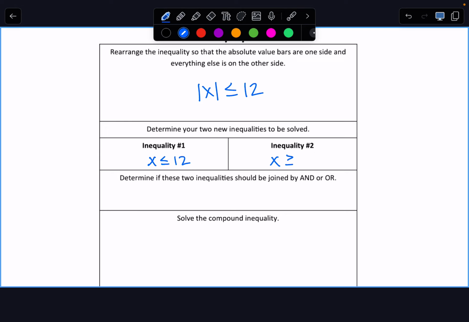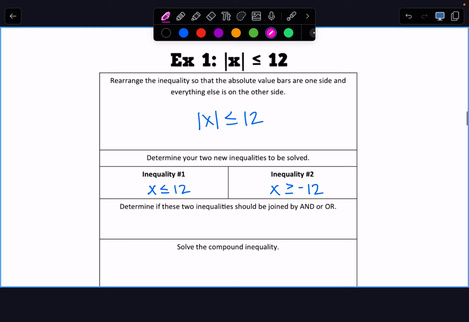We take the constant and we negate it. Okay. Then we need to decide if it's and or or. So since we have a less than or equal to, less than, we have and.